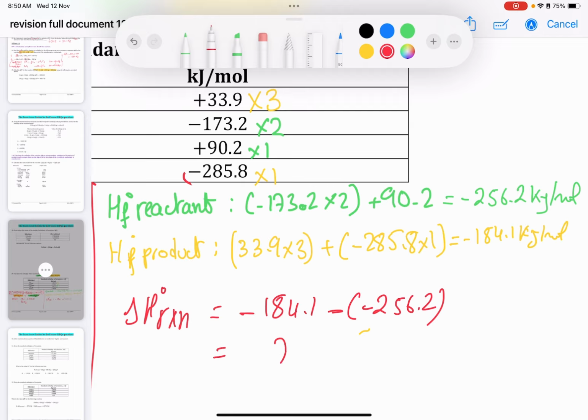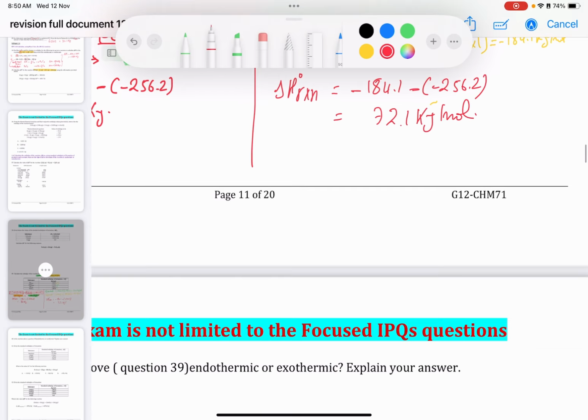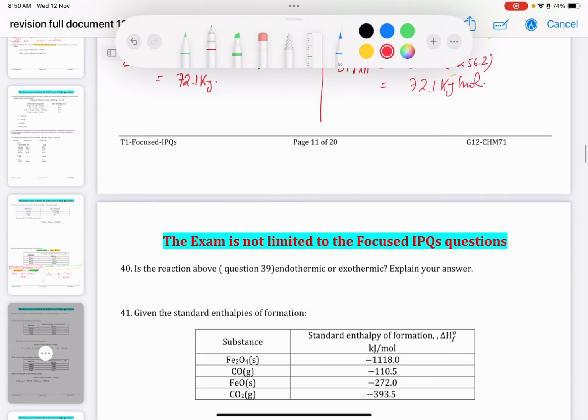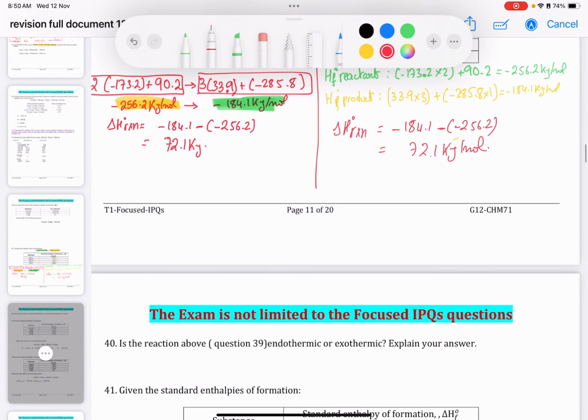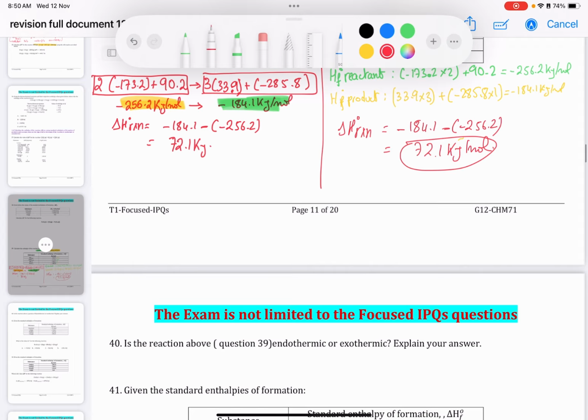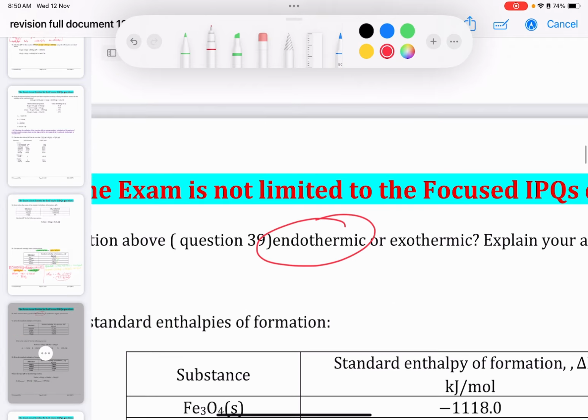And we get the final answer to be 72.1 kilojoule per mole. Now, is the reaction above exothermic or endothermic? Well, we got a positive answer, so it is an endothermic reaction because delta H of the reaction is a positive value.